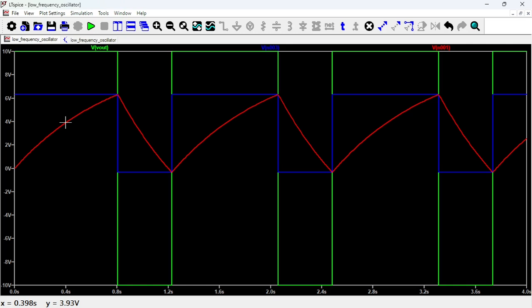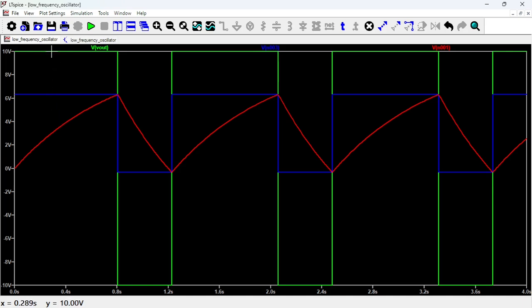And the red one is the voltage at the inverting input. Just by looking at this, you can get a clue of how it works. So here, the V minus is under the V plus. Again, V plus is the threshold.